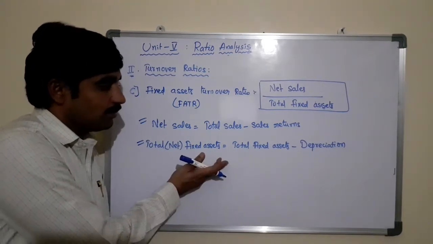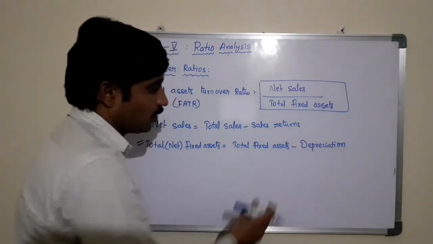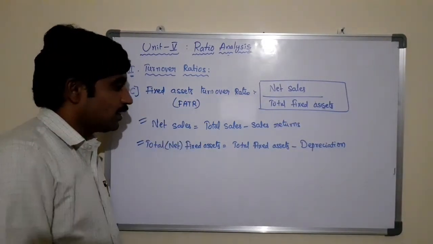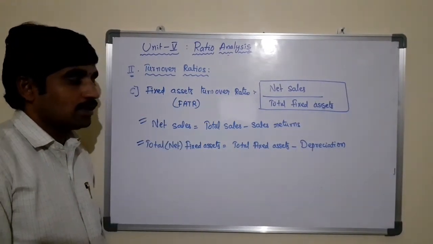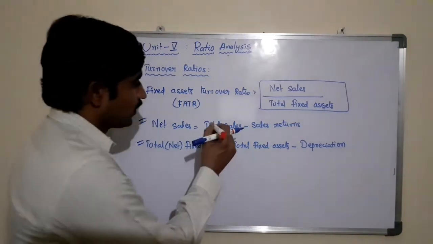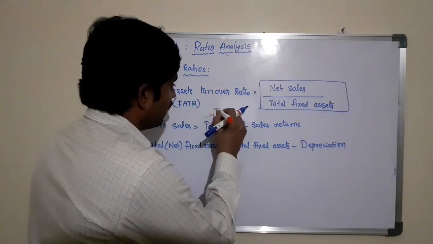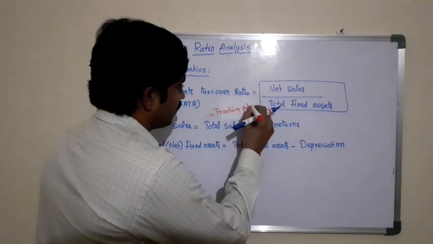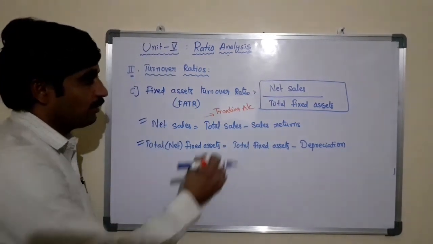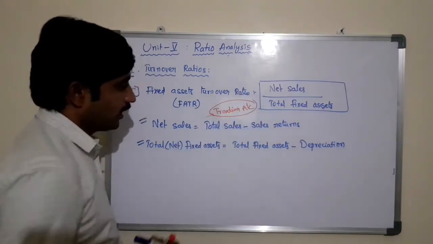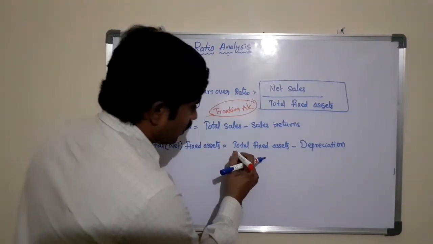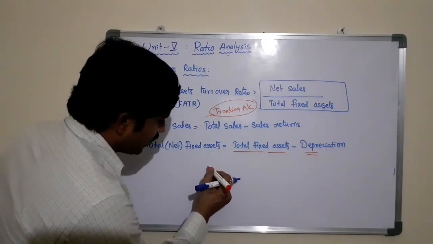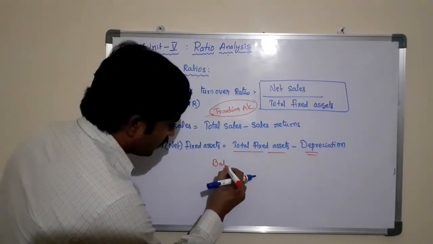Net fixed assets means total fixed assets minus depreciation, where net sales equal total sales minus sales returns. These items we can find in the trading account. Sales and sales returns information we can find in the trading account, and total assets and depreciation we can find on the asset side of the balance sheet.